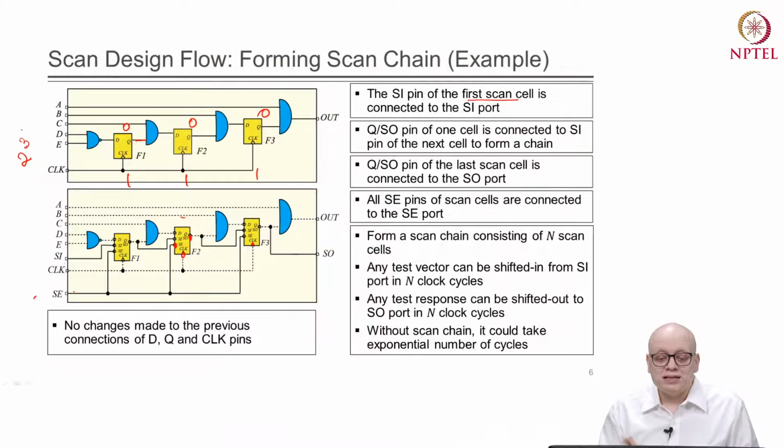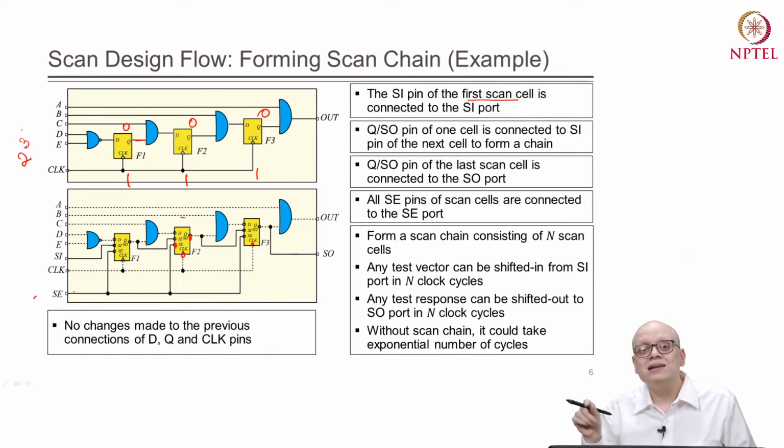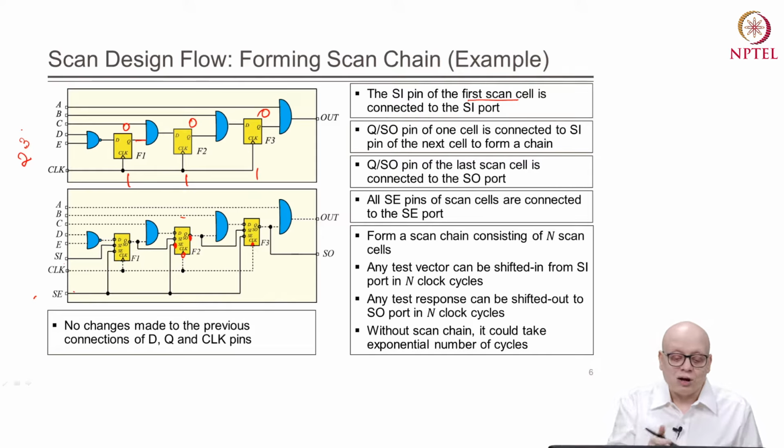So, instead of an exponential number of clock cycles, we will require a linear number, related linearly to the number of scan cells in the scan chain. In this case there are 3 cells in the scan chain.